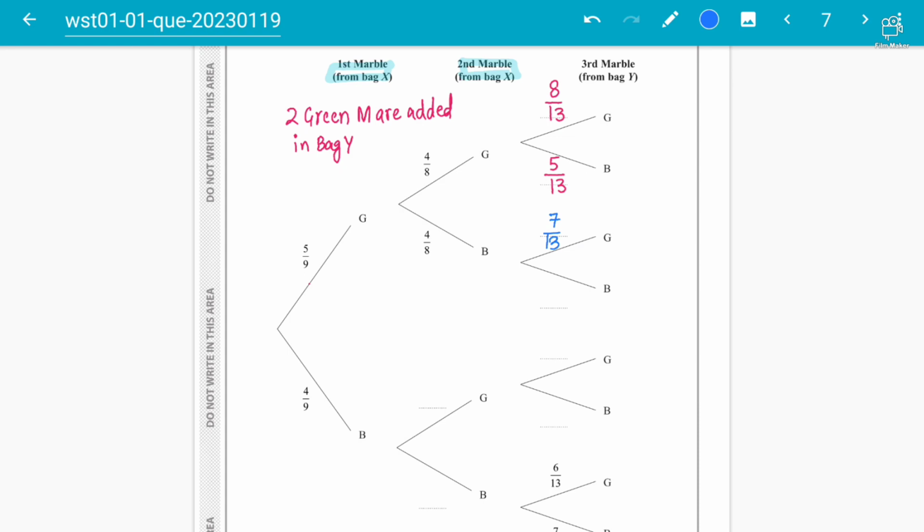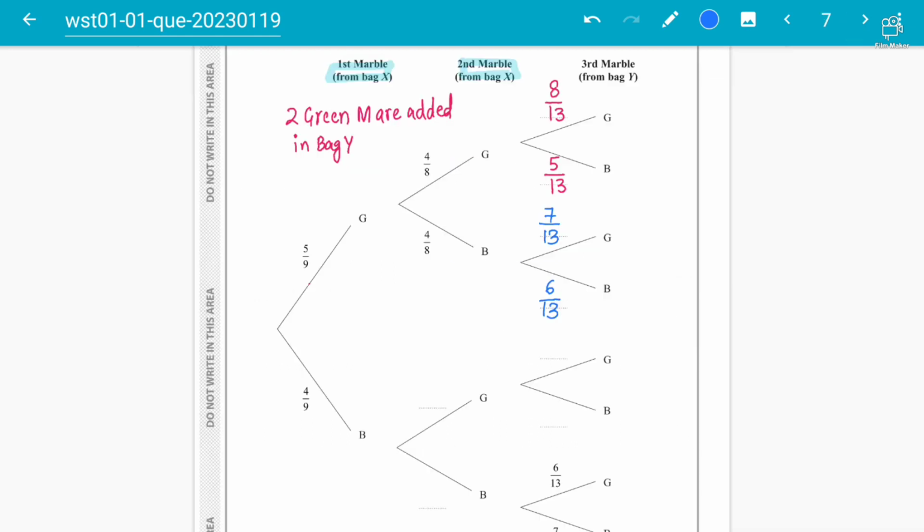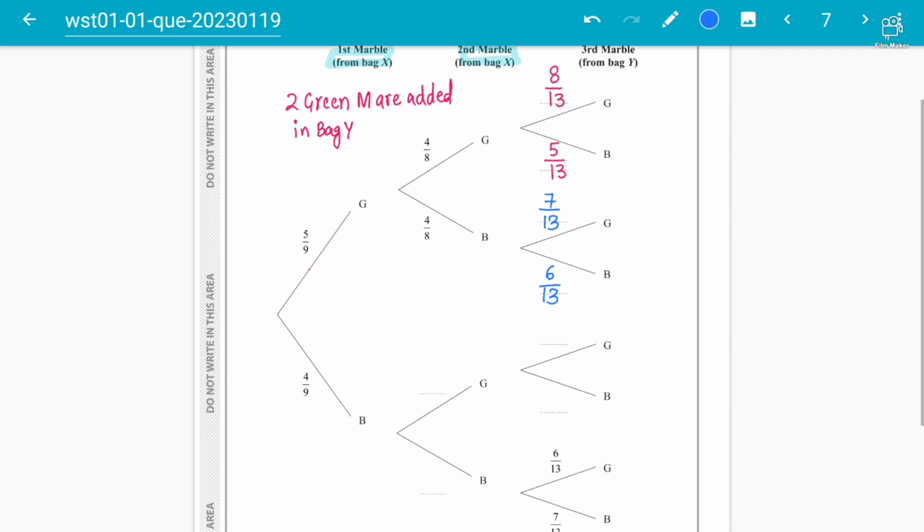So it will be, sir, 7 upon 13 for the green third marble that is being taken from the bag Y, and definitely the other one will be 6 over 13, and you can judge it directly as well by saying that, sir, there were already 5 blue marbles and you are just placing one more blue marble because you are taking green and blue, so one blue marble adding up, so 5 plus 1 is 6 over 13.